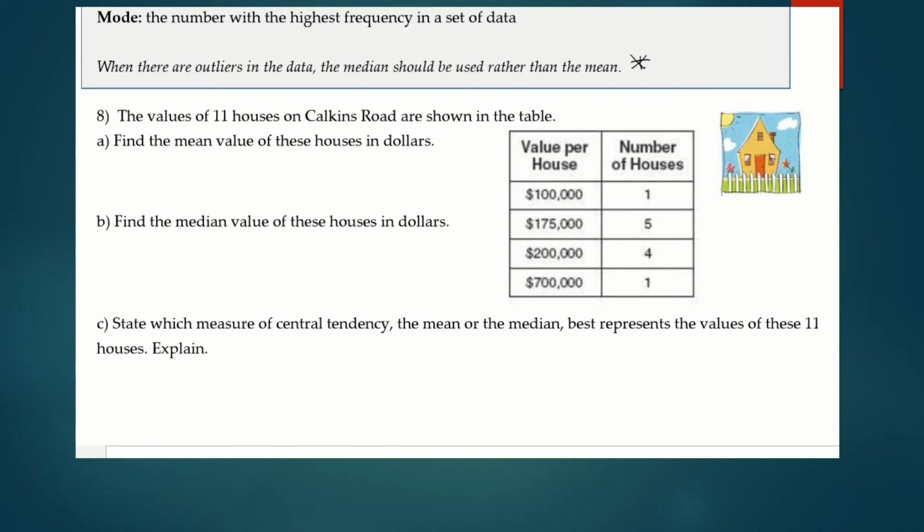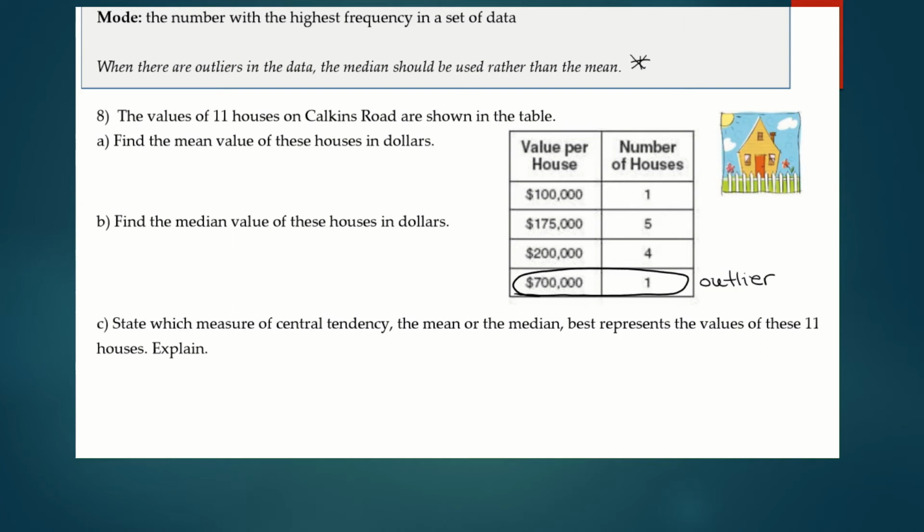If I'm looking at this, I'm noticing that 700,000 is an outlier. The reason for that is it is a much higher value than the rest of the numbers. In fact, it's more than 1.5 times the other values there. So this is what we would classify as an outlier.